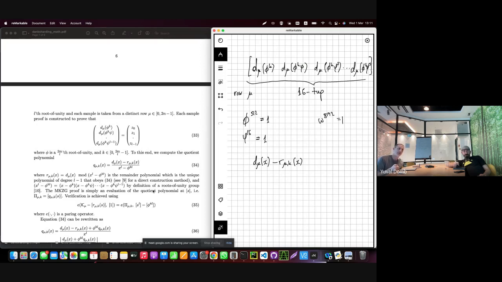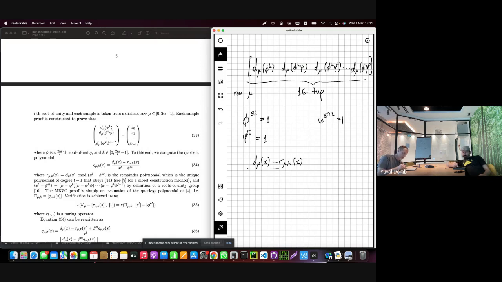If I divide it, I get left with some remainder. So that's this remainder polynomial. I'm not going to get into exactly how to construct it.